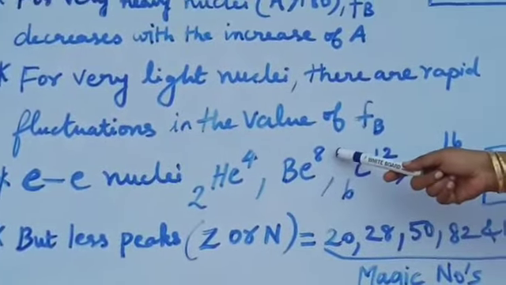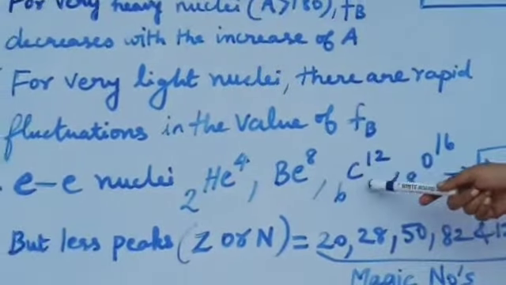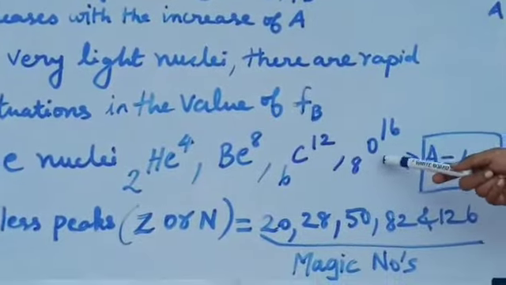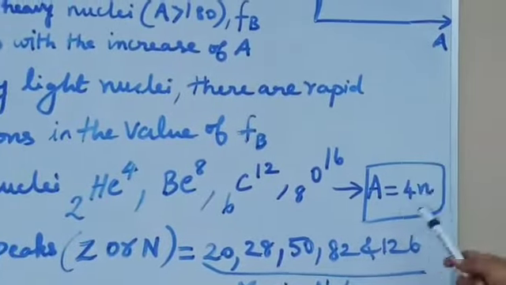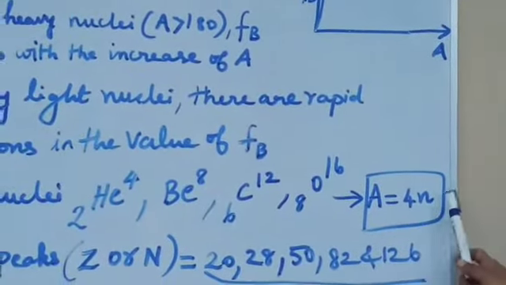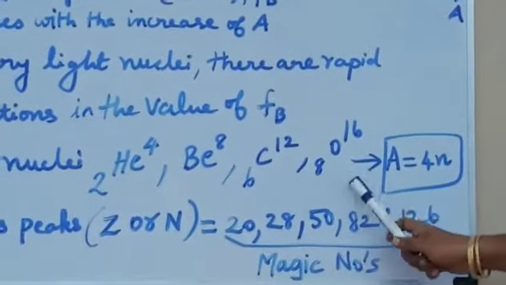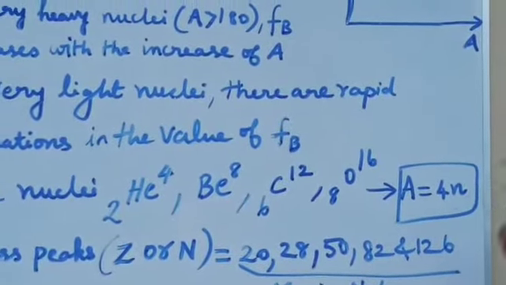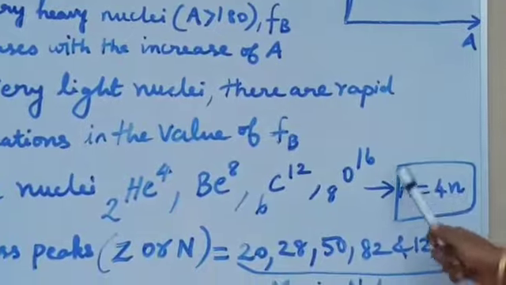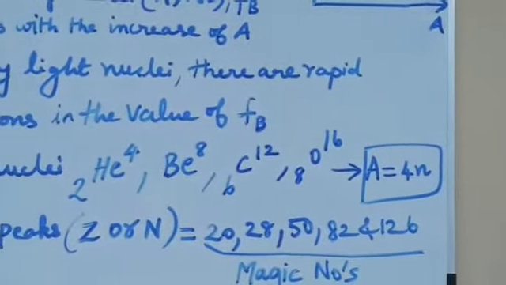For beryllium you see 4 into 2, carbon 4 into 3, oxygen the mass number is 4 into 4. So in this way peaks are observed only for these nuclei, that is, even nuclei whose mass number is 4 times N.